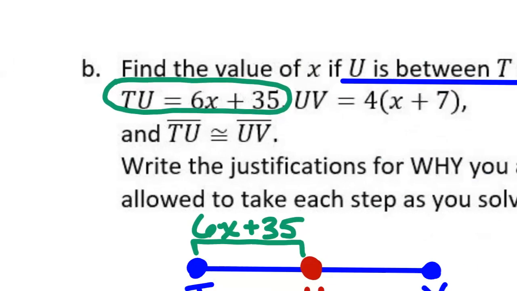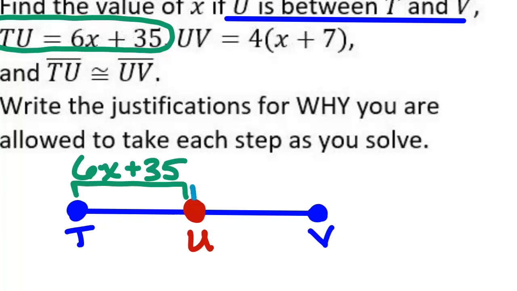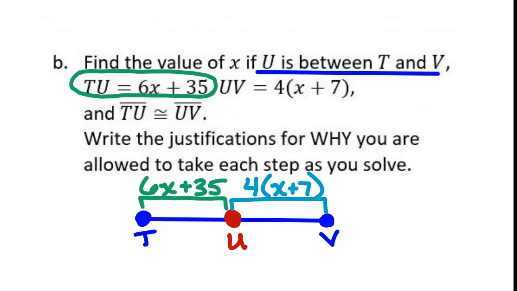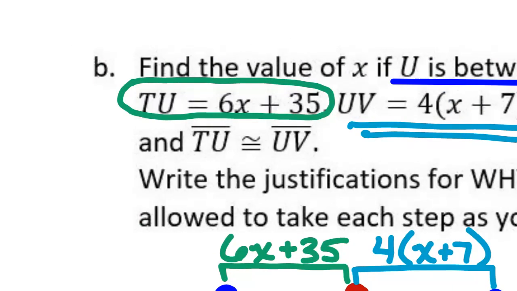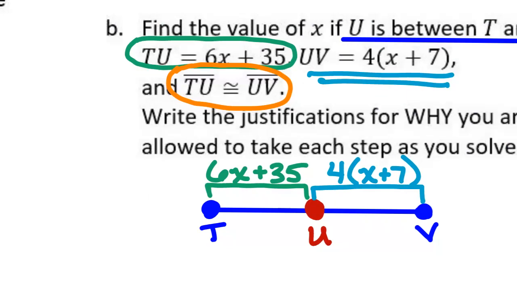What about from U over to V? 4 times x plus 7. That's right here. And what else do I know? TU and UV are congruent. I did one tick mark on each of these to show that they were the same size.